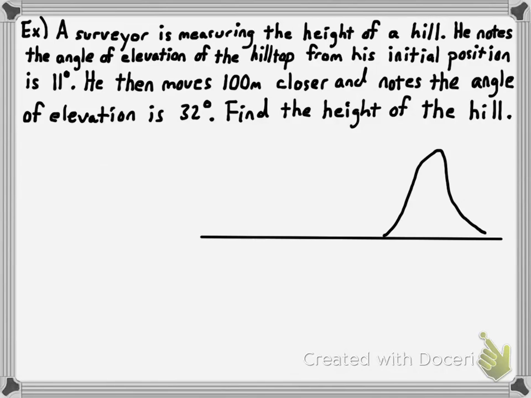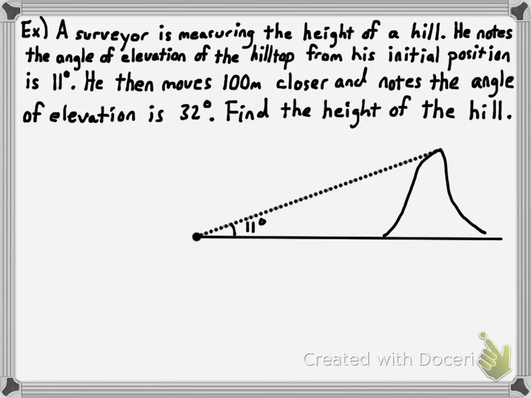And let's say that the surveyor starts at this point right over here, and the angle of elevation he notes of the top of the hill from his initial position is 11 degrees. He's able to see the angle of elevation because the surveyor would have a tool to do that.